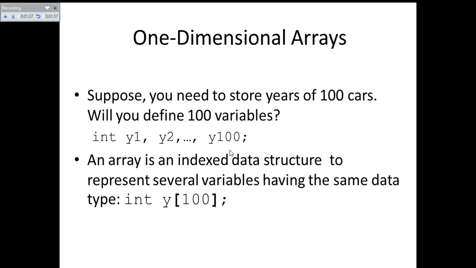If you want to store the years of 100 cars, without 100 variables, we can simply use one variable name, that is the array name, with the subscript 100. That will allow you to store all these 100 values with a single name.